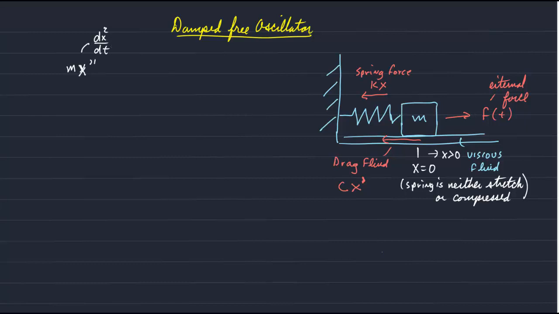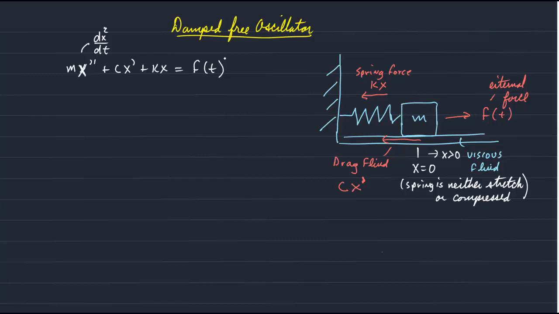So that's m x double prime, the acceleration term, plus the drag force plus the force of the spring is equal to the external applied force. So that's our force balance equation.